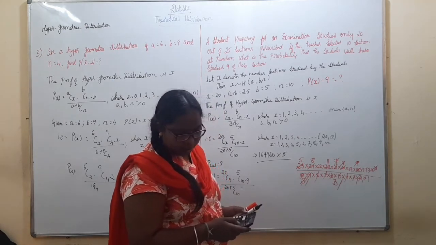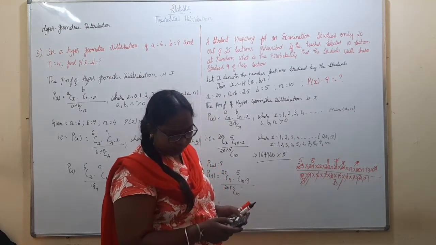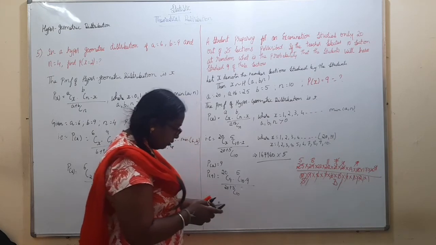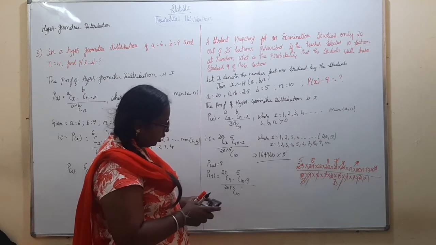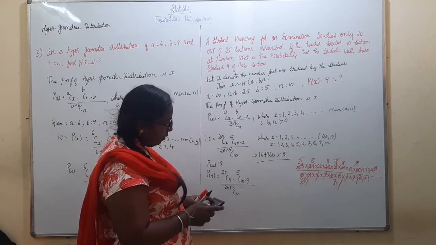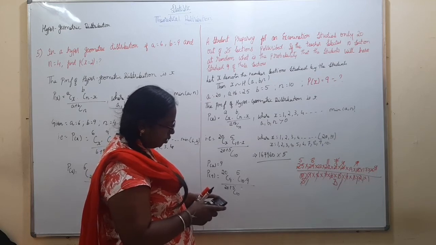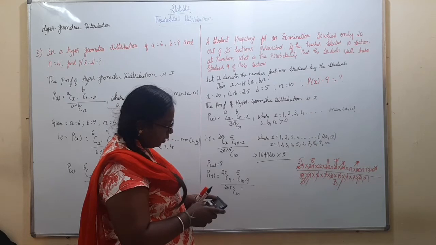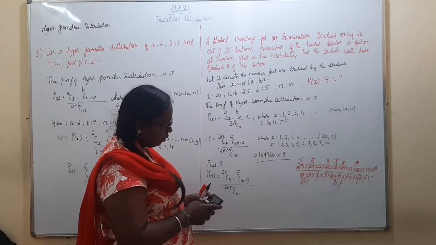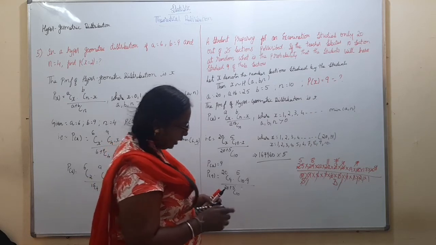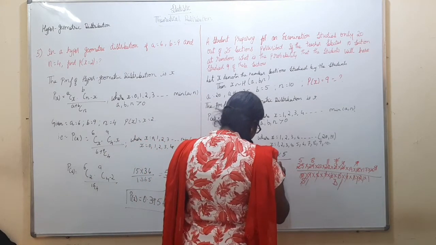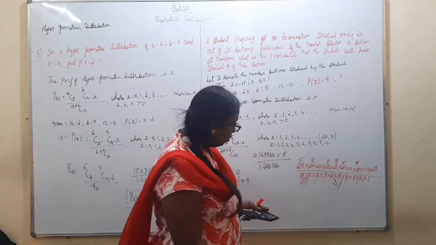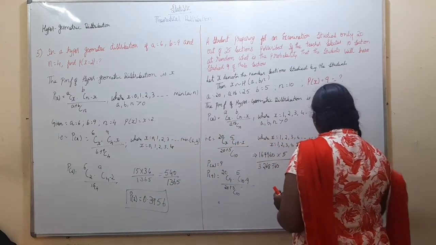I will get here 25 into 24 into 23 into 22, 5 into 8 into 23 into 11 into 19 into 17. I will get here 3268760.